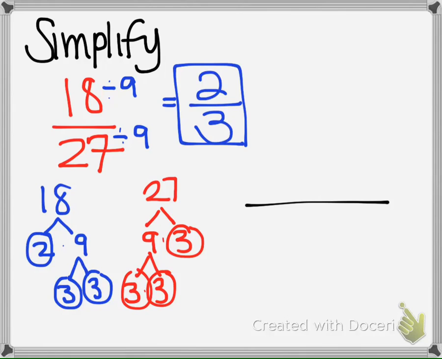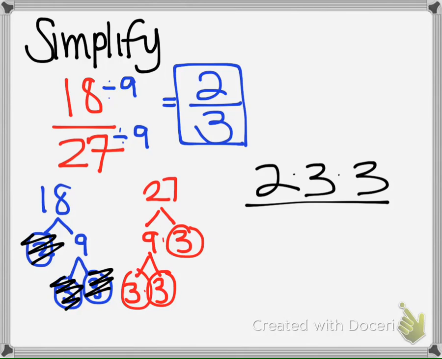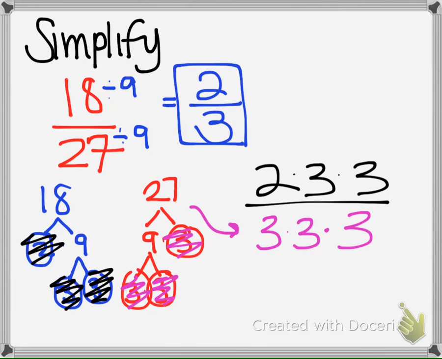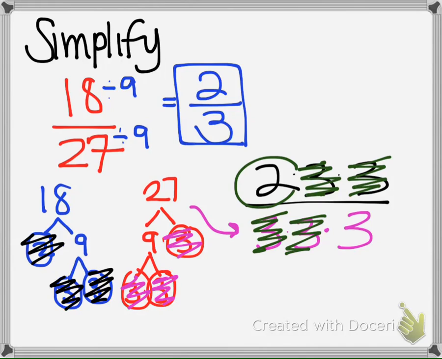Then we're going to take 18 and write it as 2 times 3 times 3, and take 27 and write it as 3 times 3 times 3. And then we can cross out this 3 with this 3 and this 3 with this 3. And as you can see, we're left with 2/3.